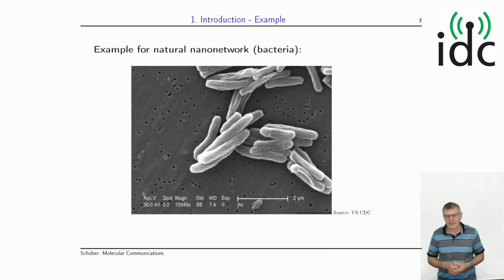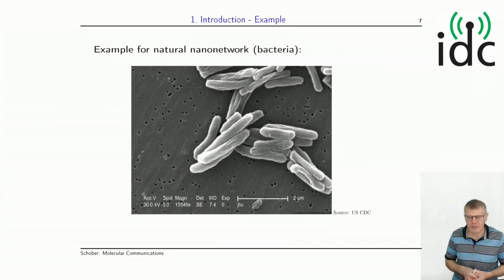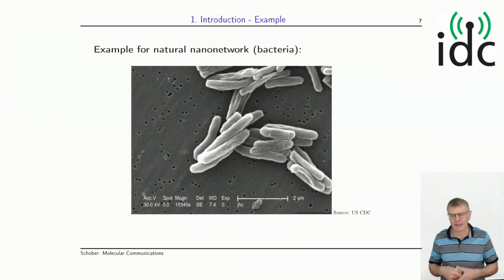Now, here in this picture, you see a scenario for a natural molecular communication system. In particular, you see here a colony of bacteria. Each of these rod-shaped objects is a bacterium. And these bacteria adjust their behavior according to their density or according to their number.